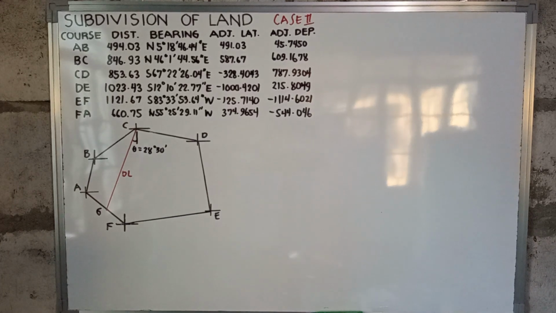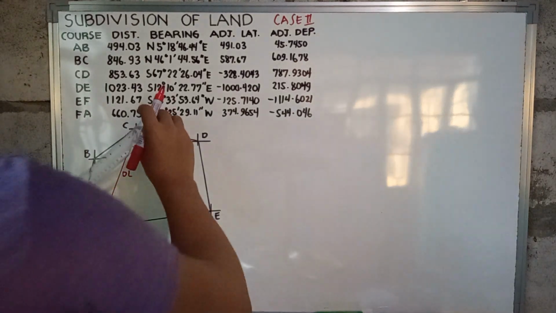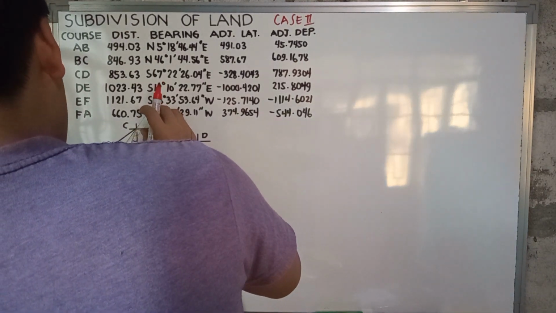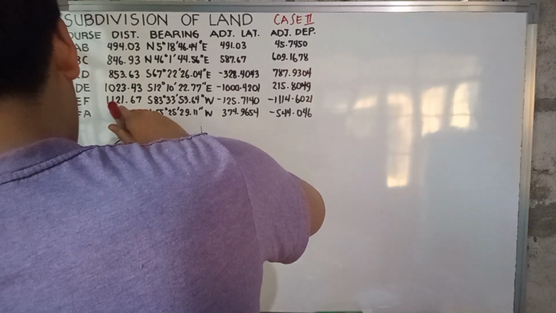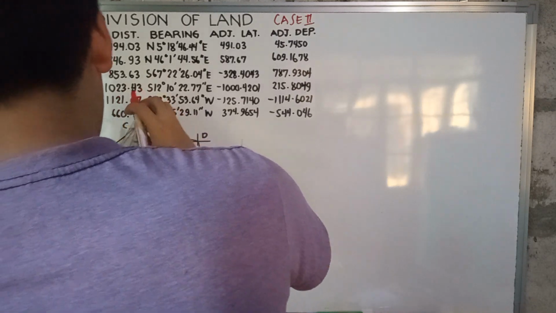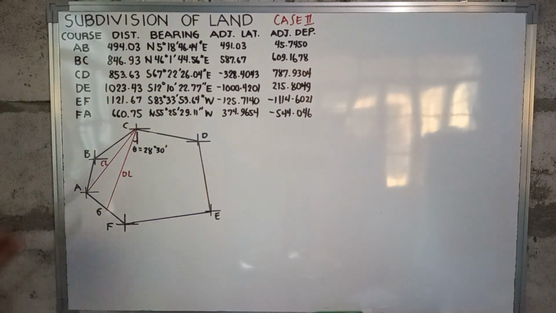So, i-apply natin yung mga natutunan natin. So, let's close yung figure natin kasama ng dividing line. So let's call that as closing line or the CL. And then isosolve natin yung value ng CL para masolve natin yung value ng DL.